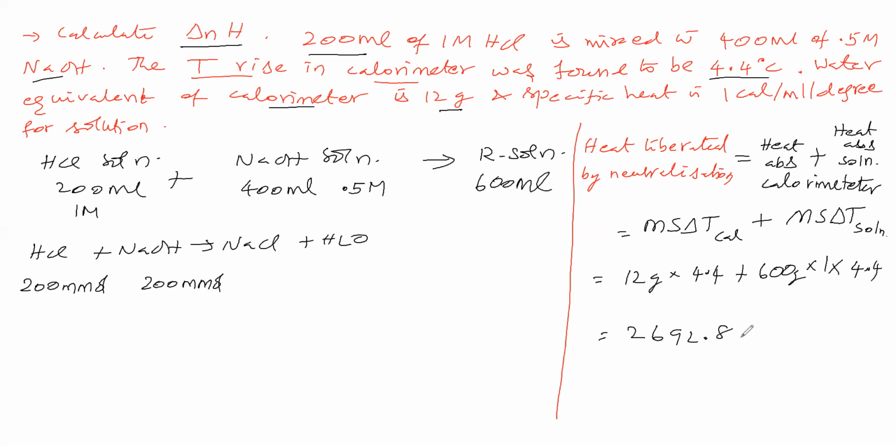On simplification we are getting 2692.8. What is the unit, that we will see. Here the specific heat unit is given as 1 calorie per ml per degree. For the solution we will take 600 ml.